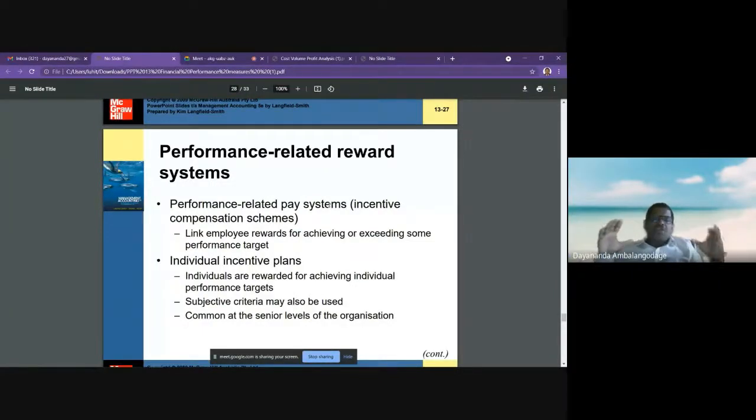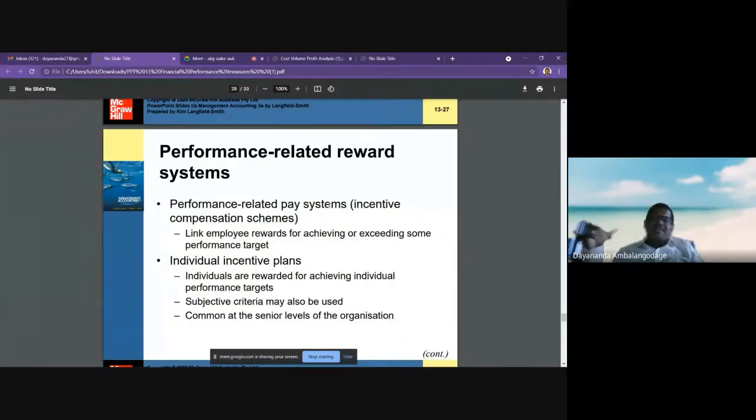So they measure the branch performance, and according to that they will get the allowances. Or in a factory, you might say there are different types of quality circle teams or groups. So a group may get the target, then the group works as a team, they will get the bonus. So the bonus for the group will be shared among the team members.